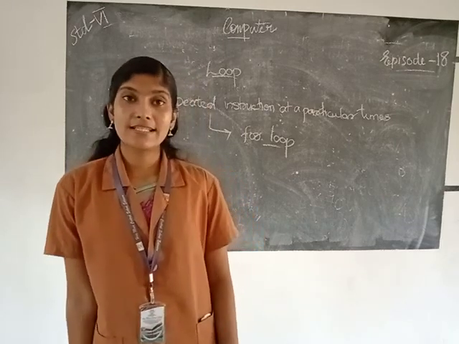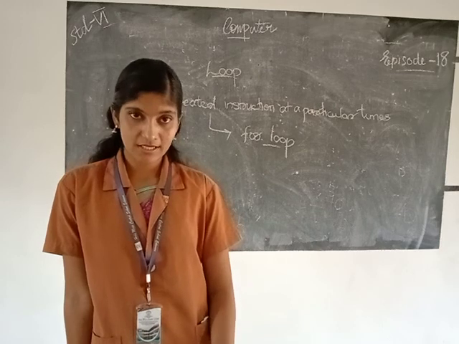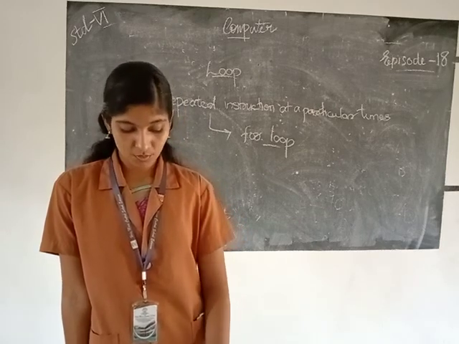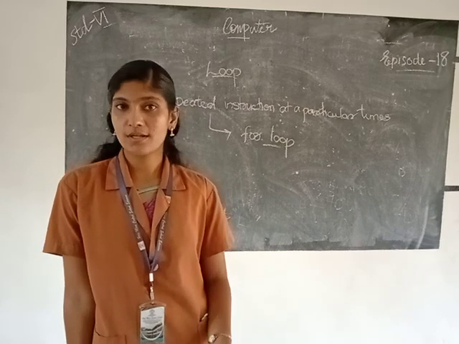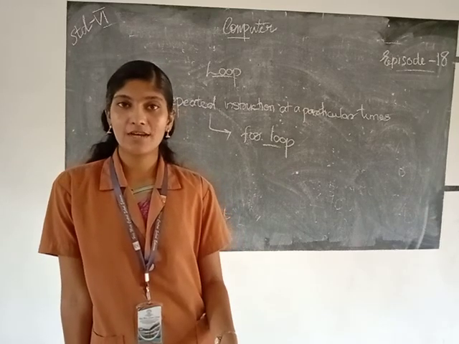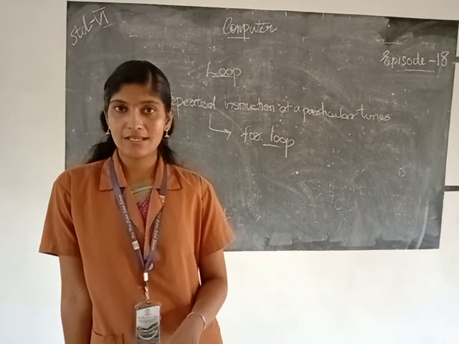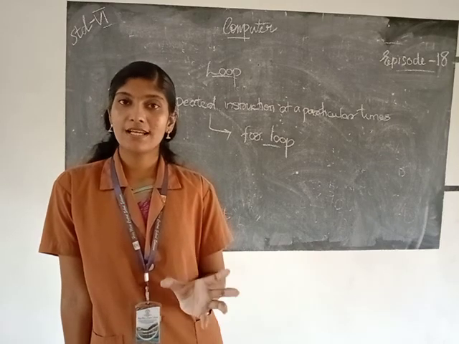Then there is a syntax: FOR variable equal to start value TO end value. For example, FOR x equal to 1 TO 5, or FOR x equal to 1 TO 10. There is a start value and an end value, and between them there is a variable.